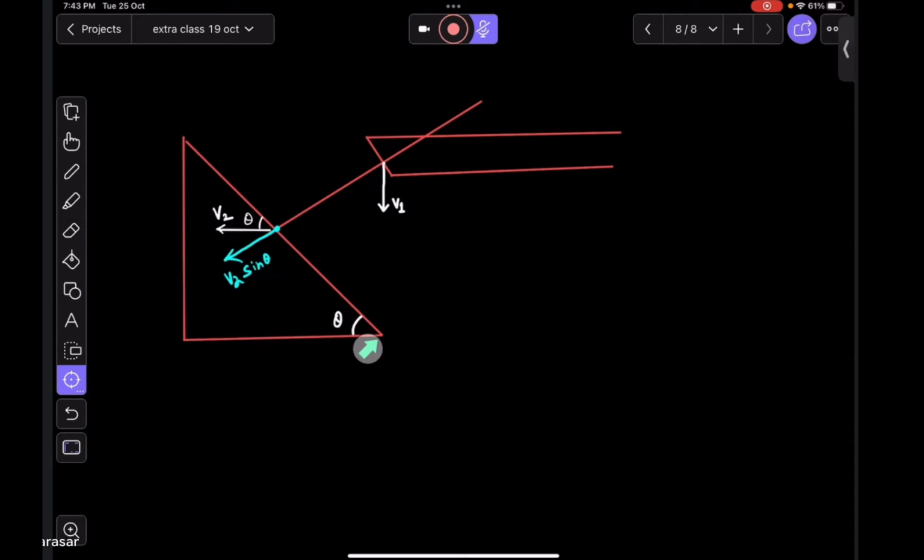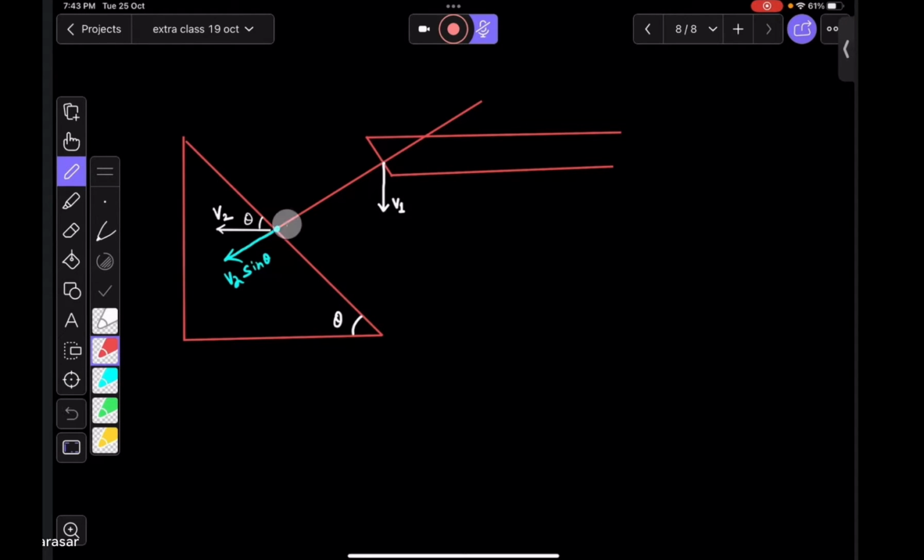Here it is easy. If I have this horizontal and this incline making angle theta, this common normal is perpendicular to the incline, and this v1 is in the vertical direction, perpendicular to the horizontal. So between them the angle will be the same, theta. So the component of our v1 along the common normal is v1 cos theta.